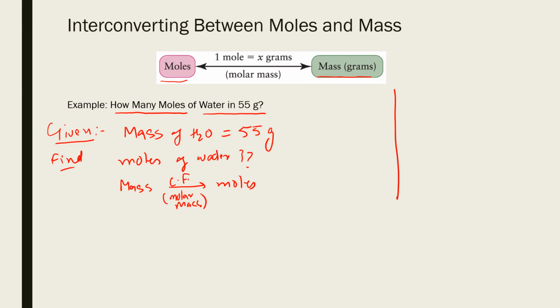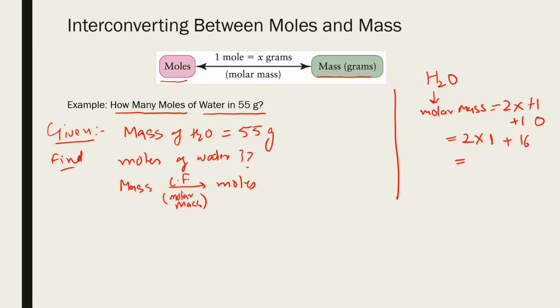Now water has a formula of H2O, and if we want to calculate its molar mass, remember molar mass is the same as molecular mass, but the units are grams per mole. So its molar mass is 2 times hydrogen plus 1 oxygen. I'm just going to round it off: 2 times 1 plus each oxygen is 16.